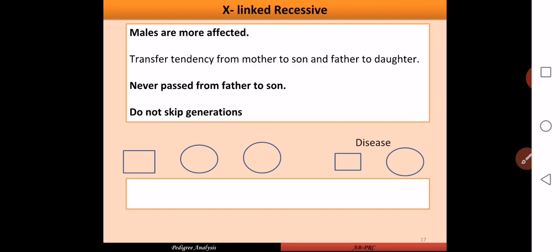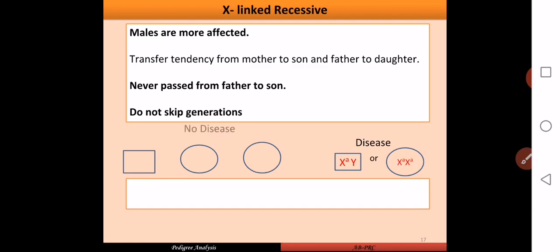When there is disease in an individual, there should be a small a. In the recessive condition, the affected male has the genotype X small a, or if it is female, X small a X small a should be the genotype.